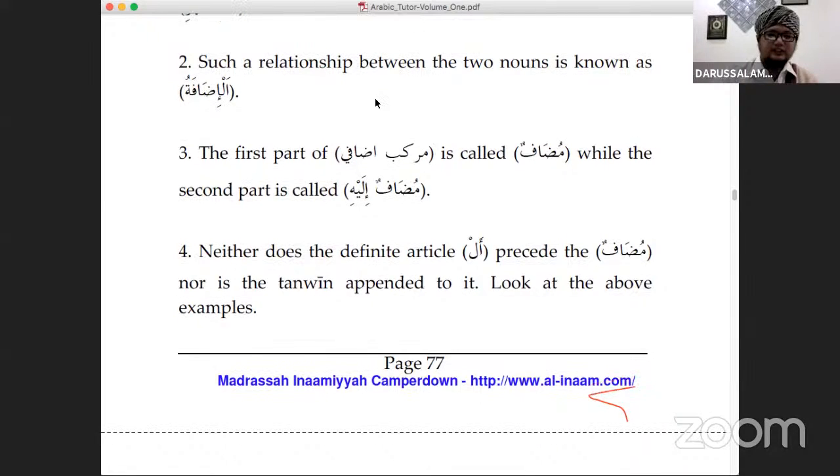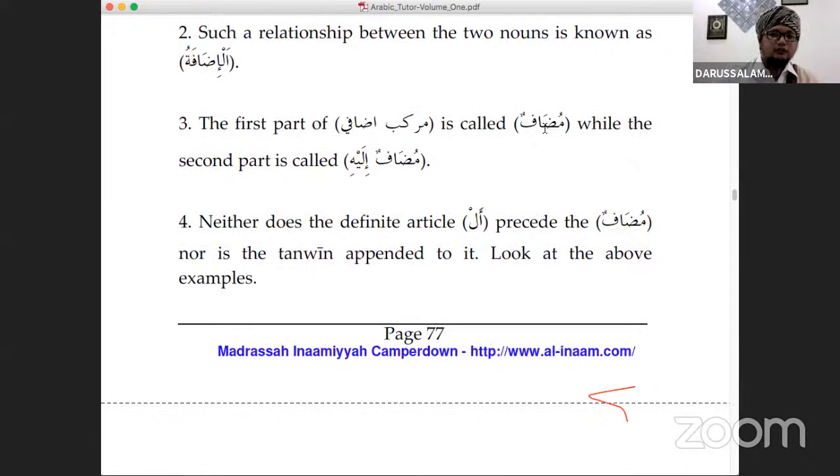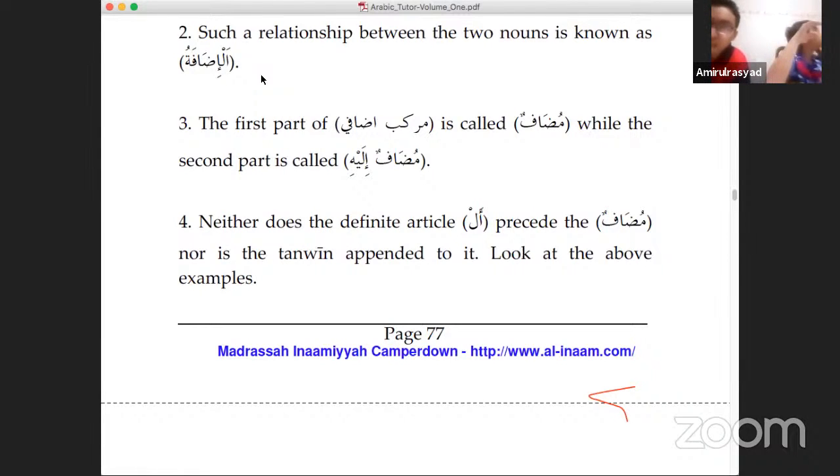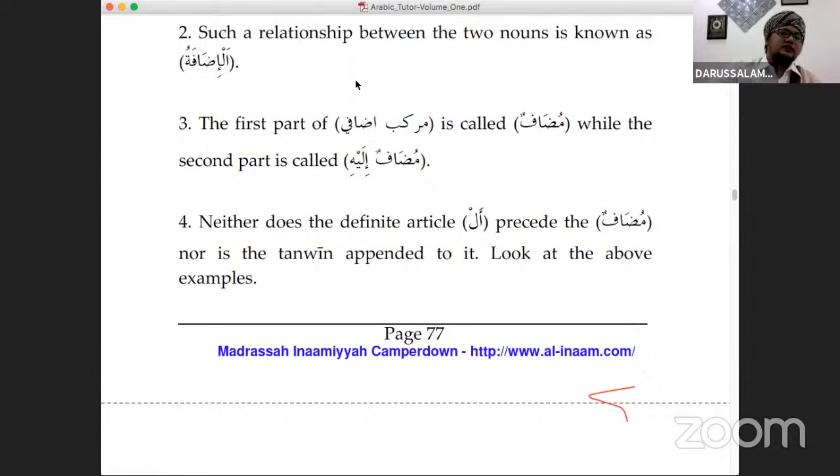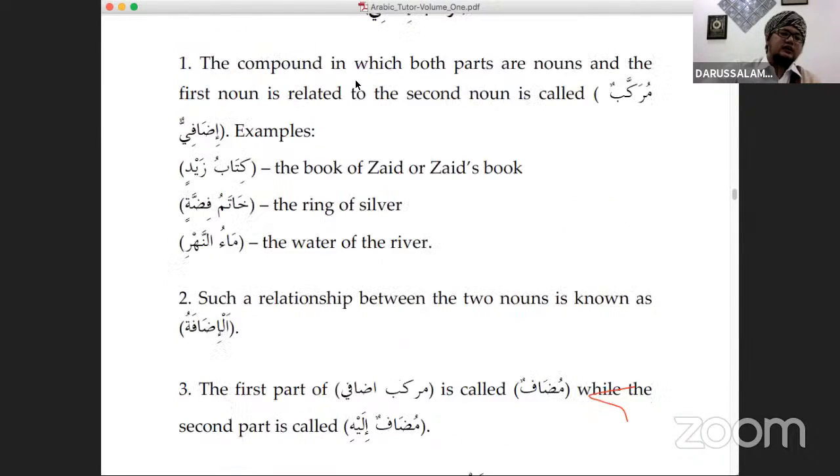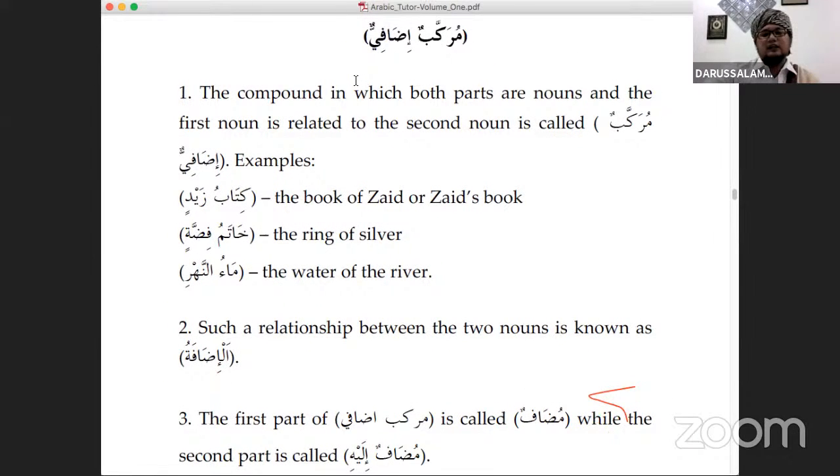So you mentioned already, the first part is called the mudaf and the second part is called mudaf ilayh. Idafa, in Malay you can translate as sandaran. For example, we say Kitab Zaid, we can say kitab disandarkan ke Zaid. Maksudnya kitab itu jadi milik Zaid.